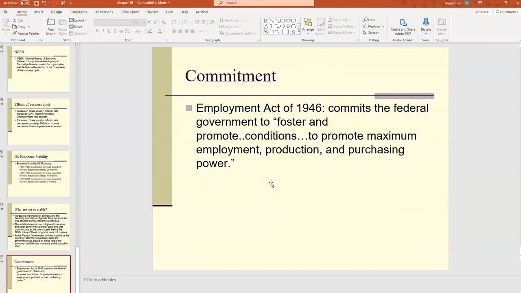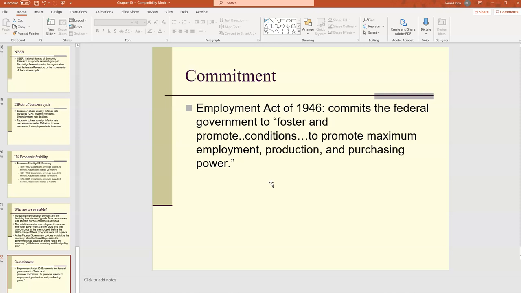Now, the main reason why the government today is so much more active is the Employment Act of 1946. The Employment Act of 1946 basically commits the federal government to foster and promote conditions for maximum employment, production, and purchasing power. In other words, it commits the government to creating the conditions for economic expansion.